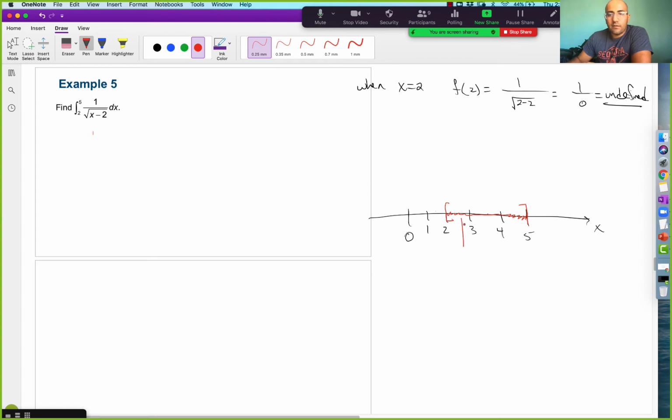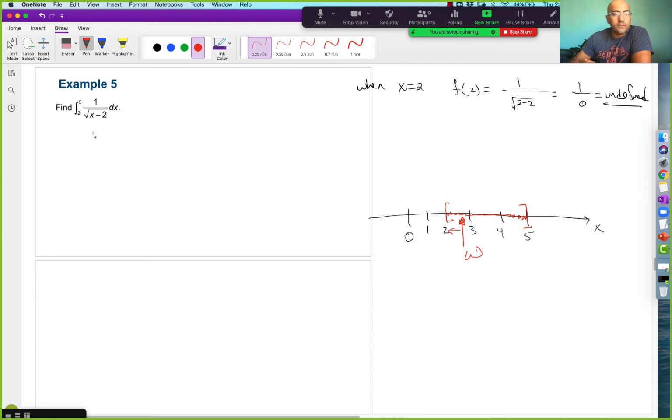So we're going to momentarily use some variable there. Let's call it w. So we're going to find the integral from w to 5, and then assuming that we can find the answer to that, we're going to find the limit as w approaches 2 from the right-hand side.